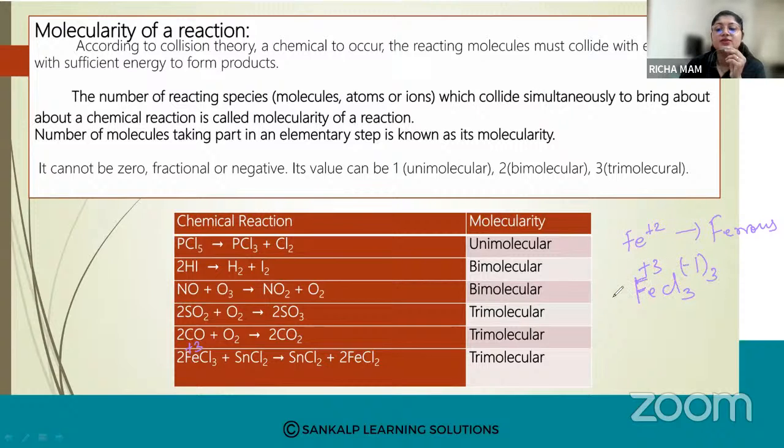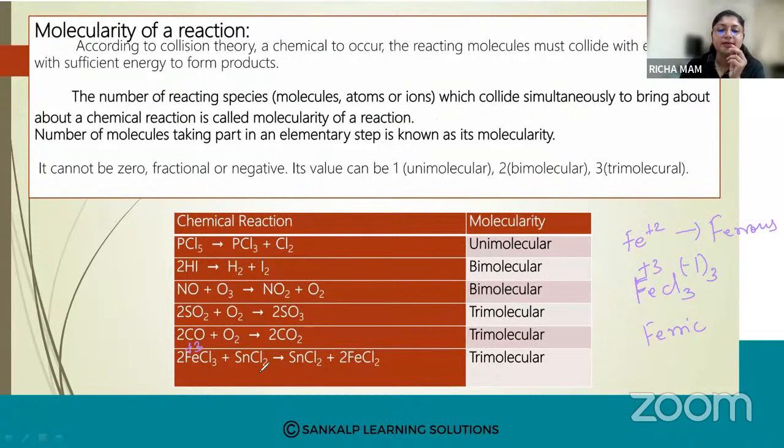Plus 3 minus 3, the whole charge will be 0. So whenever the iron is in plus 3 state, it is called ferric, and when the iron is in plus 2 state, it is called ferrous.